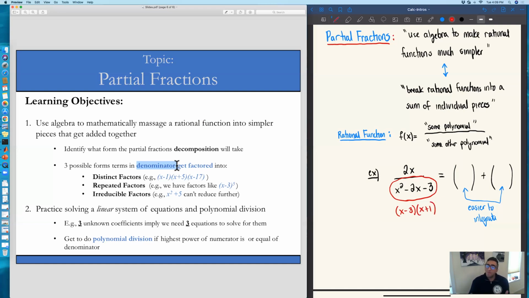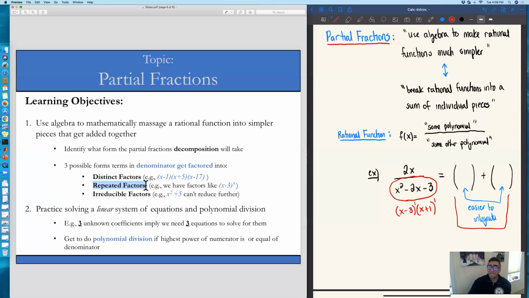And we're going to look at, well, depending on what types of factors we see in the denominator, will dictate what type of terms we have over on our right-hand side over here. So for example, I'll just list out these terms. We'll of course discuss these in more depth in class. We'll see things like distinct factors, like what we have over here, because x minus 3 is only raised to the first power, and x plus 1 is also only raised to the first power as well.